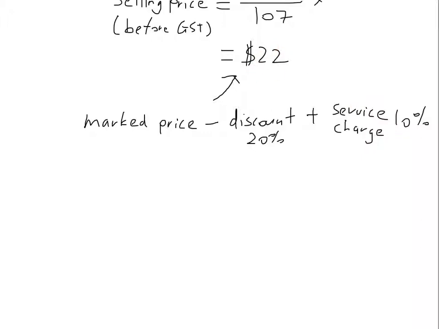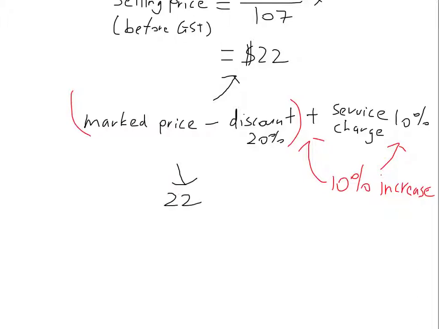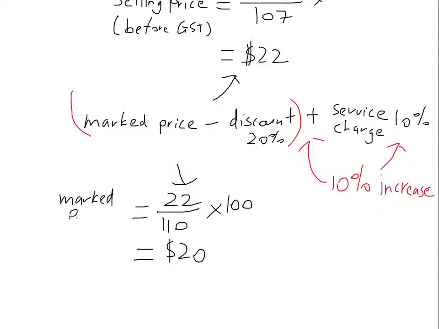Remember that this service charge constitutes a 10% increase from the mark price minus the discount. To find this, we simply take 22 divided by 110 times 100, and you'll get $20. This gives you the mark price with the discount of 20%.